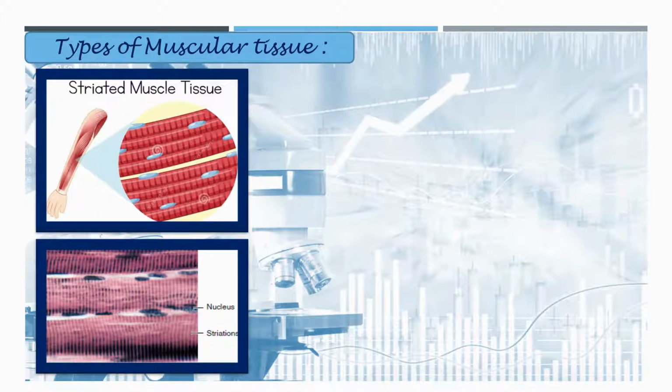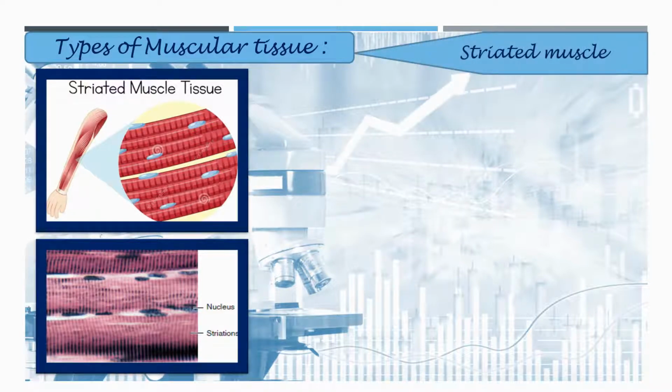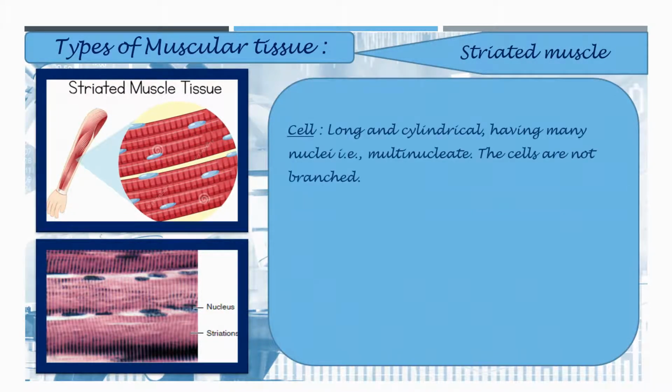Now let's learn about the types of muscular tissue. The first type is striated muscle. A striated muscle cell is long and cylindrical, having many nuclei, that is, it is multinucleate, and the cells are not branched.